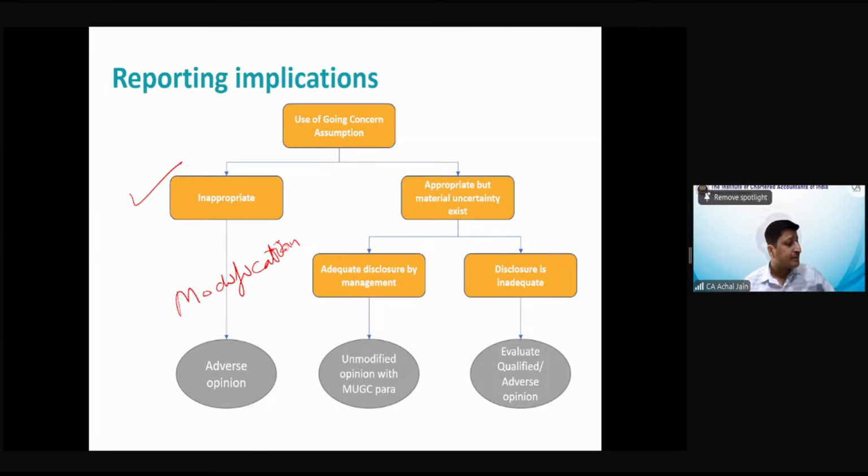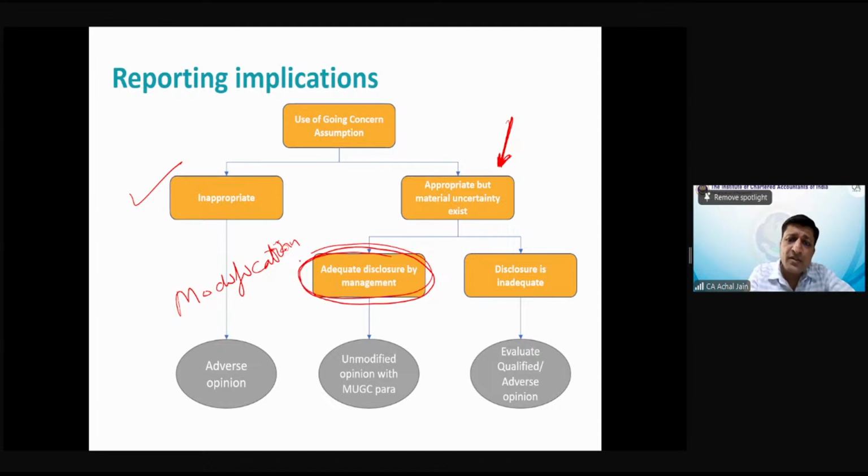Another situation is going concern assumption is appropriate, but material uncertainty exists. In this case, further two scenarios are possible. What are those? As around this material uncertainty, management is ready to give the adequate disclosure.